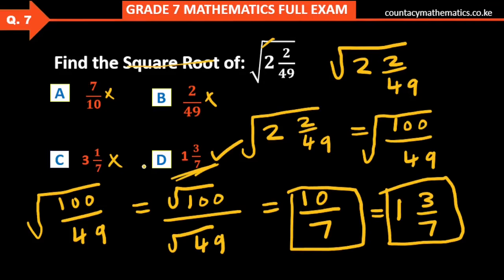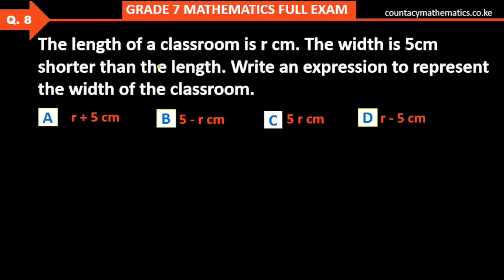So with that, let's move on to our next question and see what it is asking us about. We are told in our question 8 that the length of the classroom is r centimeters. So let's assume that this is the classroom.